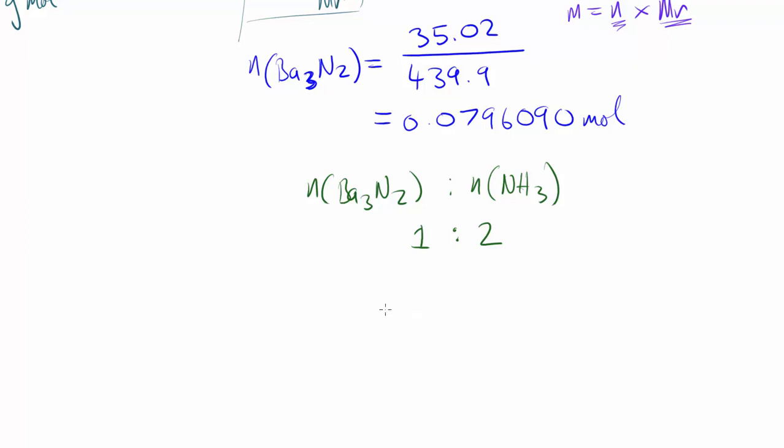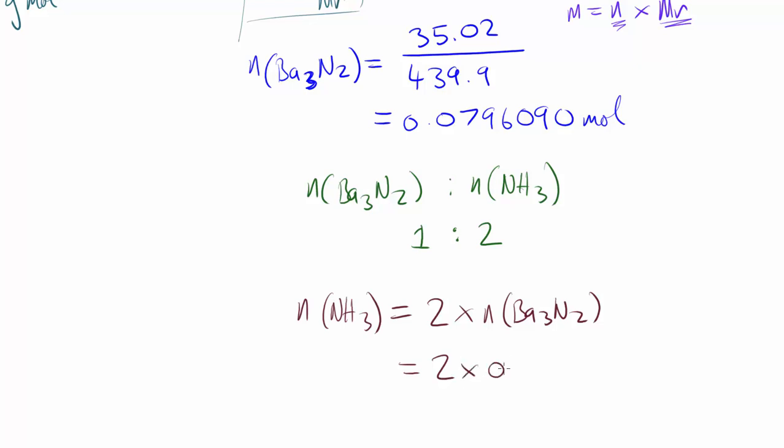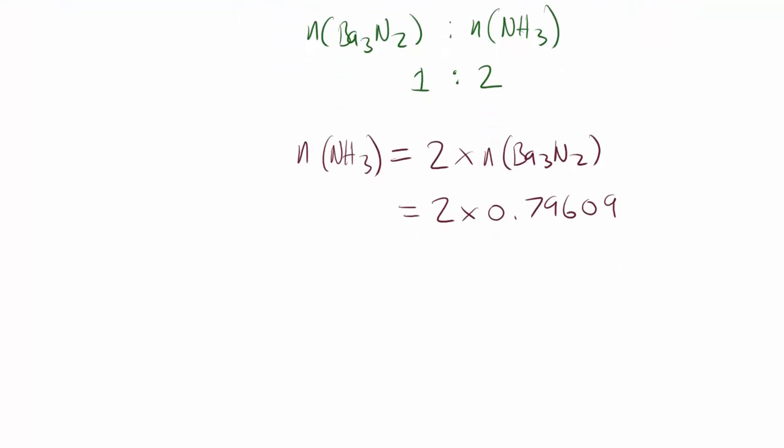So what does that tell us about NH3? On the calculation level, to get the moles of NH3, it's simply going to be equal to 2 times the moles of Ba₃N₂, which we worked out, right? We've got that value here, so it's equal to 2 times 0.0796090.